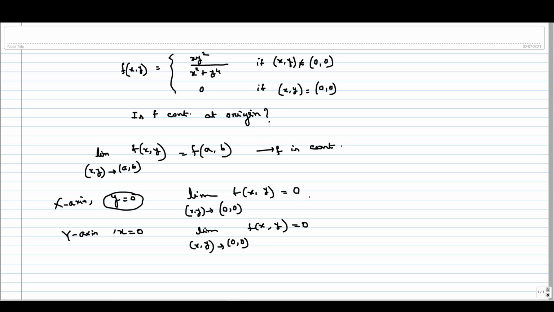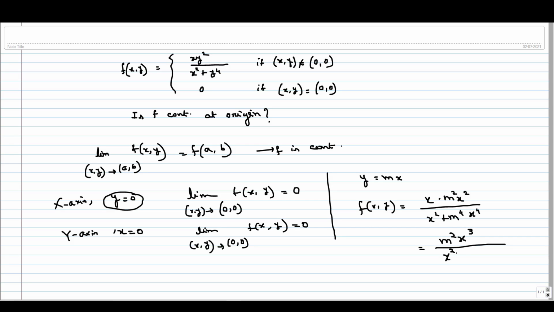Does it imply that it is continuous? No, right? Because we have only checked for two straight lines. Now let us check for an arbitrary straight line y equal to mx. If we substitute this, then f of xy is x times m square x square by x square plus m power 4 x power 4, so it is m square x cube by x square plus m power 4 x power 4.